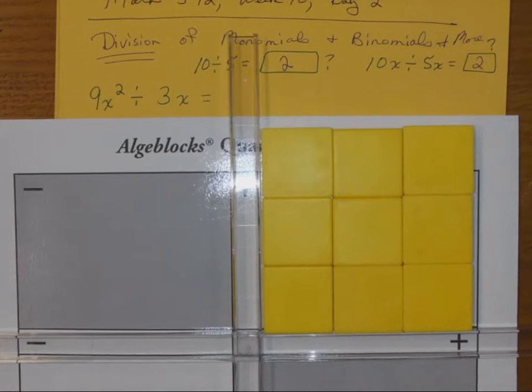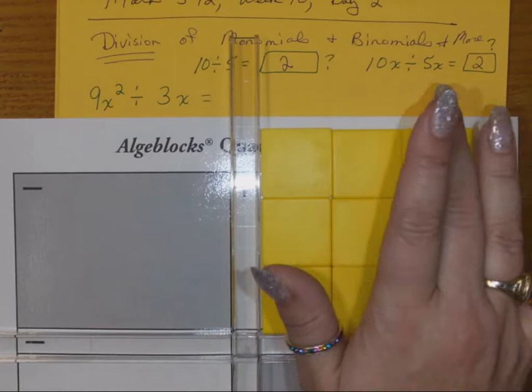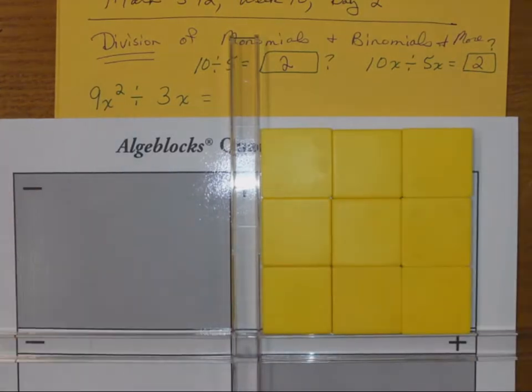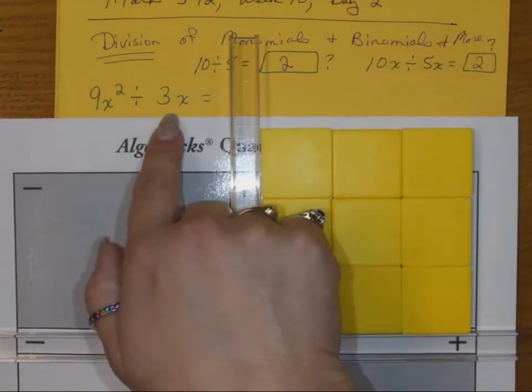Okay, so what I need to be careful of is sometimes that this, with it being an odd number, 9x squared, there's not a lot of ways for me to make this guy into a rectangle. But sometimes, like if that had been 10x squared, there might be a couple of different ways, right? It could be a 1 by 10, a 10 by 1, a 5 by 2, a 2 by 5. So check real quickly and make sure, because they want me to divide by 3x, right?